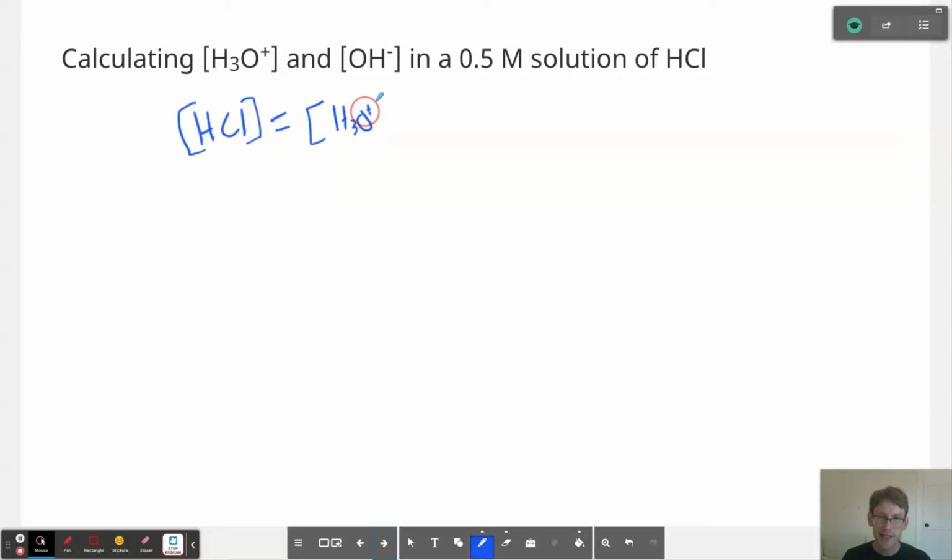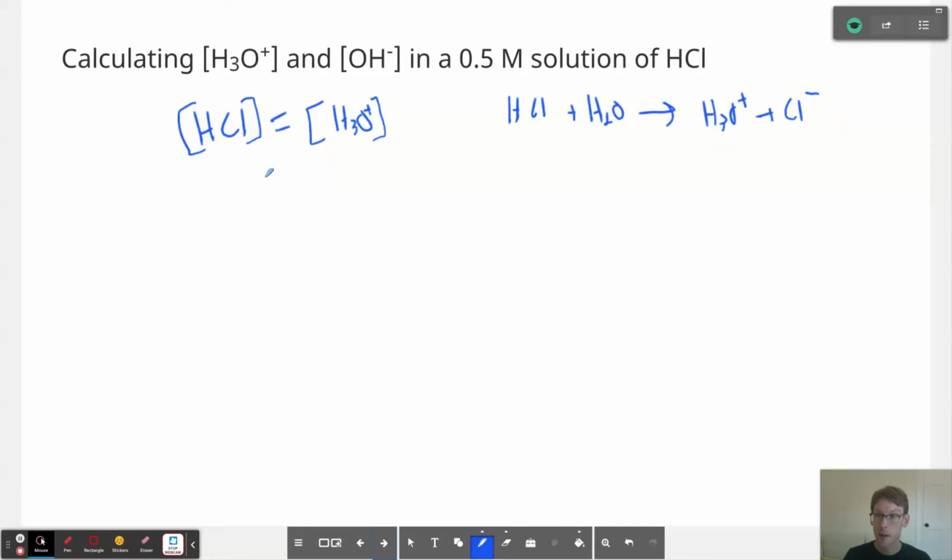Yes, there was a tiny amount of auto-ionized H+ already there from the water, but it is negligible, 10^-7 molar as opposed to 0.5 molar. Huge difference. So we'll assume that this 0.5 molar concentration of HCl is equal to the concentration of H3O+, because we know that HCl plus H2O goes 100% to H3O+ and Cl-.